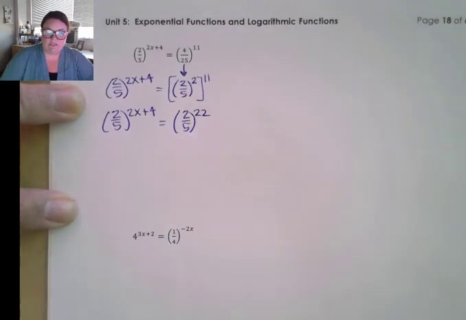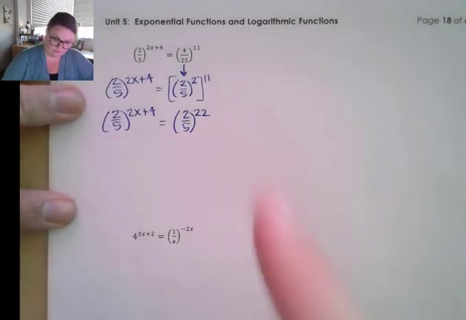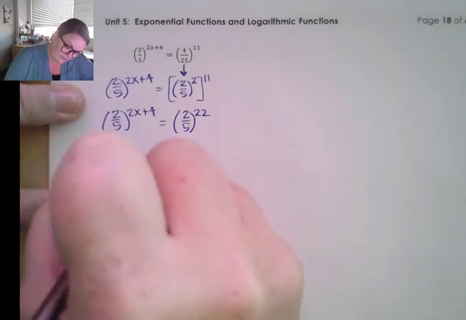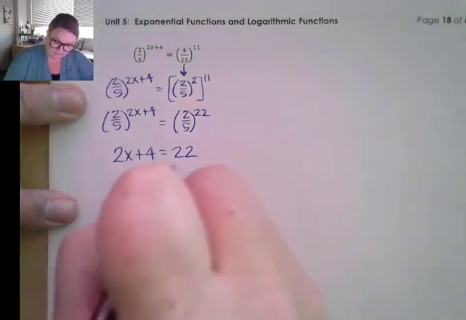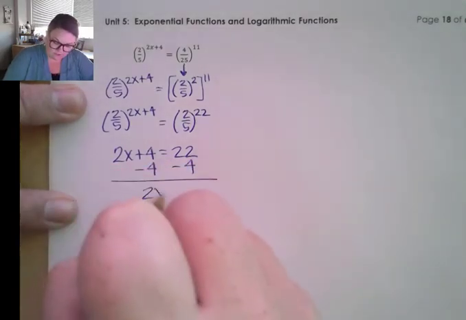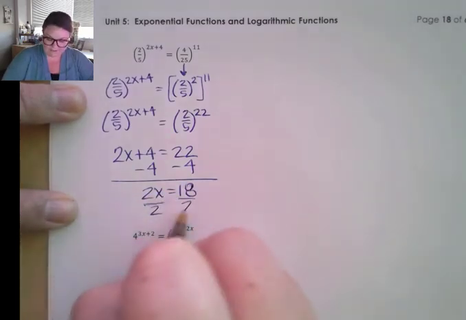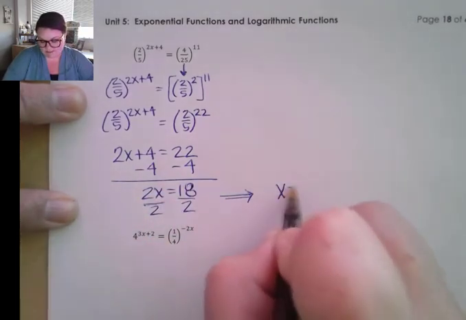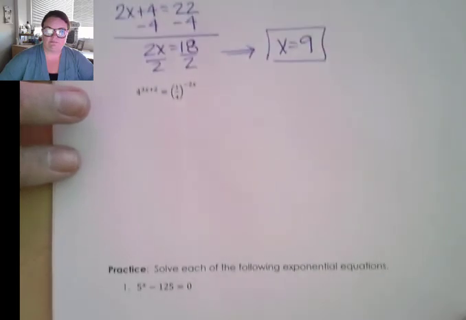So that gives me 22. And now I can go ahead and drop my 2/5. So I end up with 2x plus 4 is equal to 22. And now that's something easy I can solve, right? So I'm going to subtract 4 from both sides, which gives me 2x equals 18. And then when I divide off my 2, that gives me x is equal to positive 9. Okay? All right, let's look at another one.